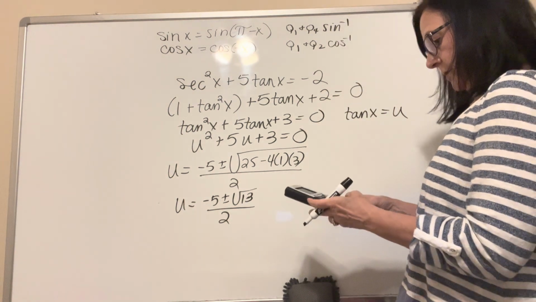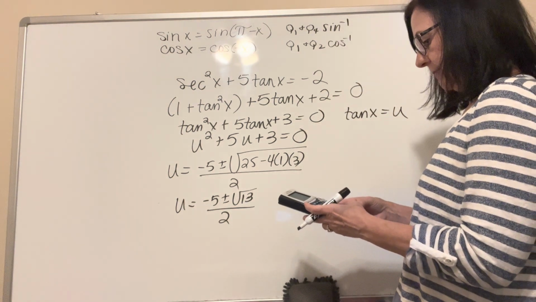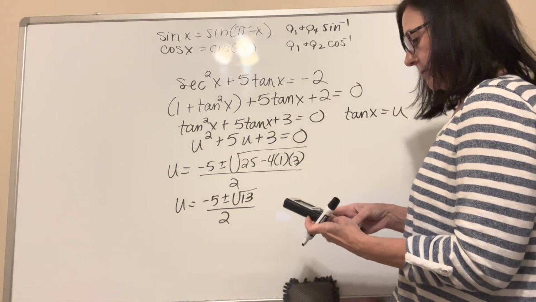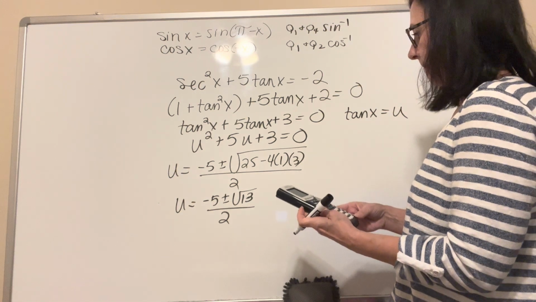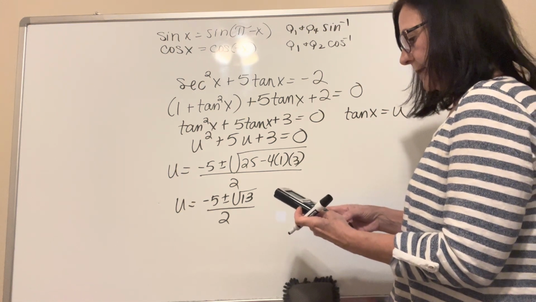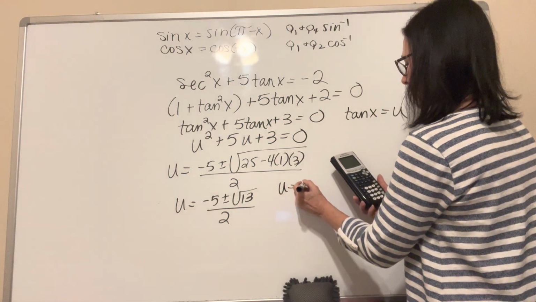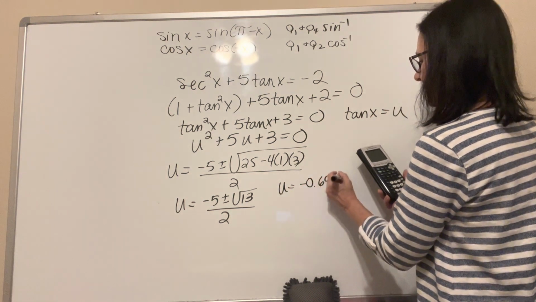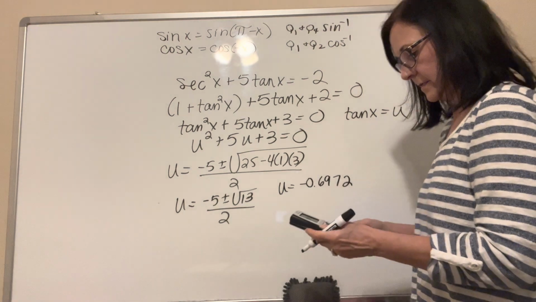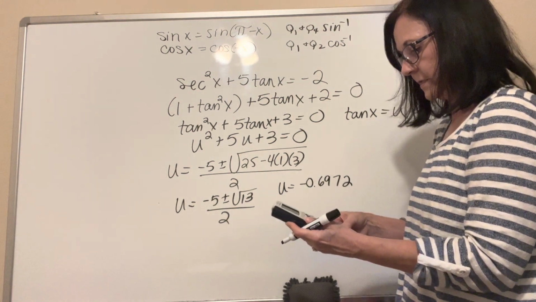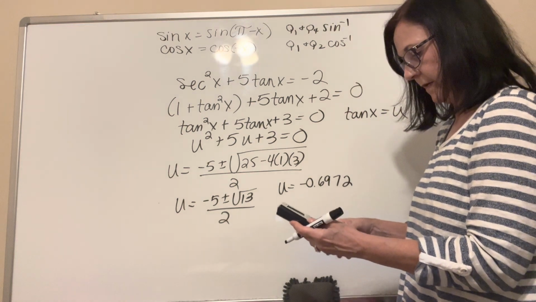All right. So we'll do the plus. Negative 5 plus square root 13 divided by 2. So the plus is u equals negative 0.6972. Now I'll do the minus. Negative 5 minus square root of 13 divided by 2.